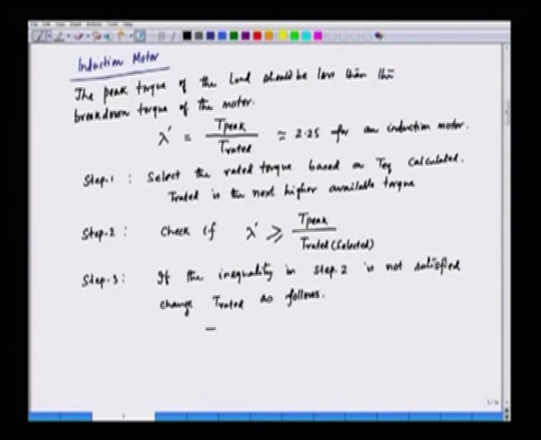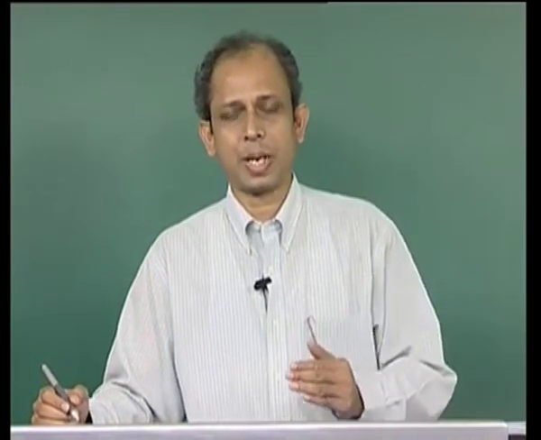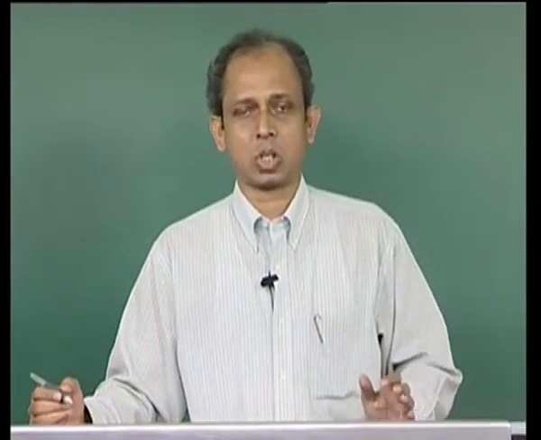So, what should be a T rated now? T rated should be equal to T peak by lambda prime. So, we know the peak value of the torque, we divide that by lambda prime, we get the T rated.